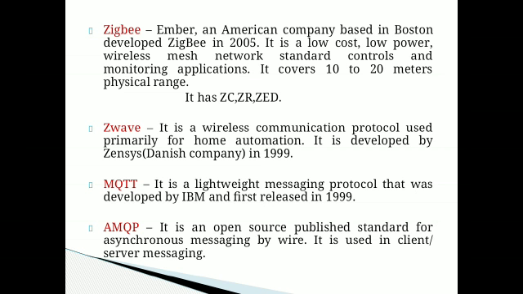And next one is AMQP, Advanced Message Queuing Protocol. It is an open source published standard for asynchronous messaging by wire. It is used in the client server messaging concept. There are various features in this: message orientation, queuing, routing, reliability, security, etc.